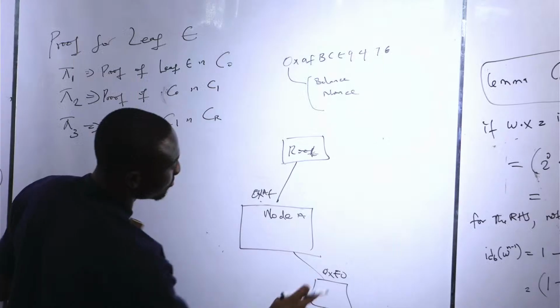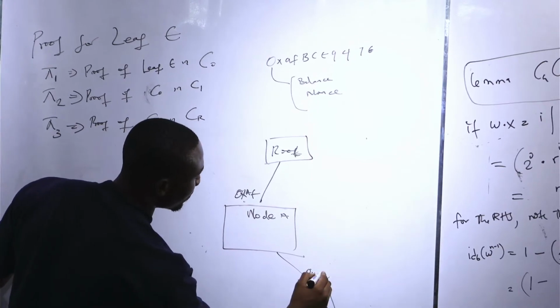But let's say there is a node there now. If there was a node at this point already, let's say that node already has a particular leaf in one index, say EF.